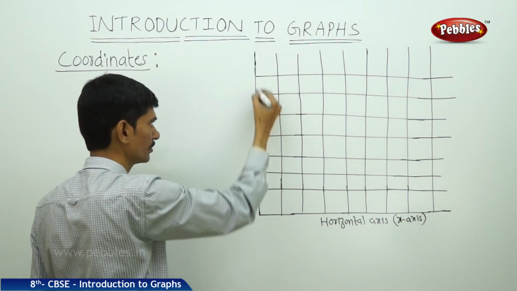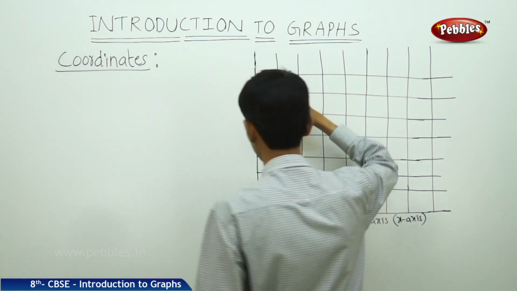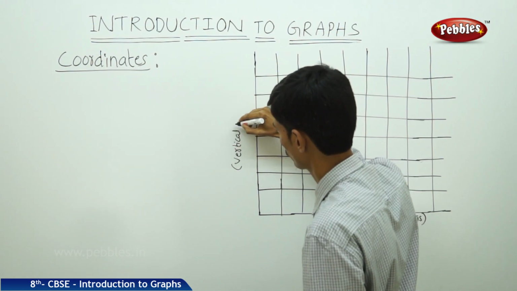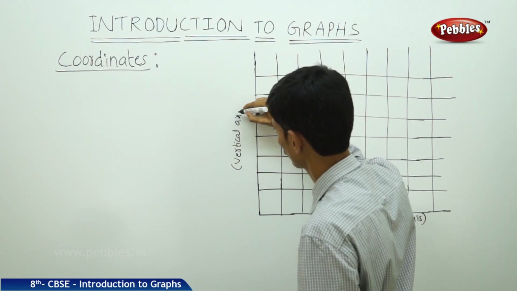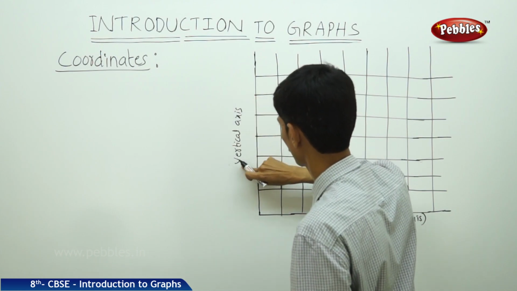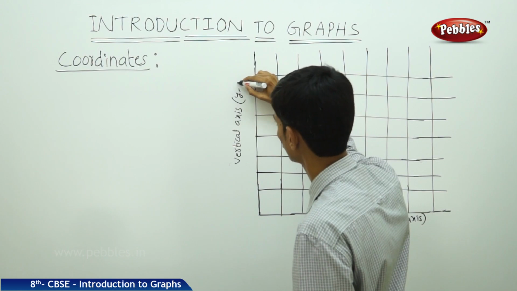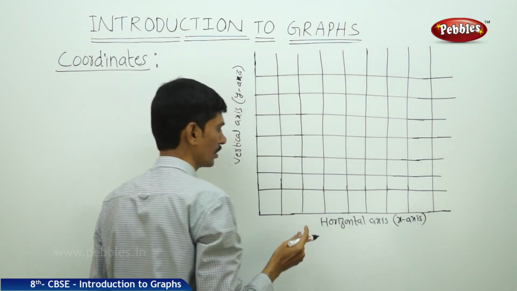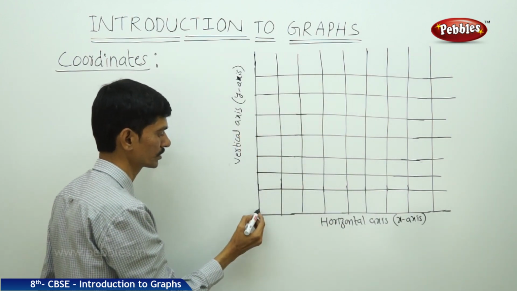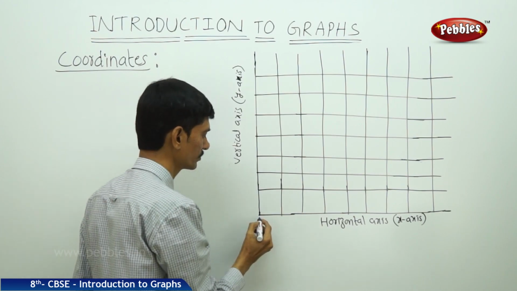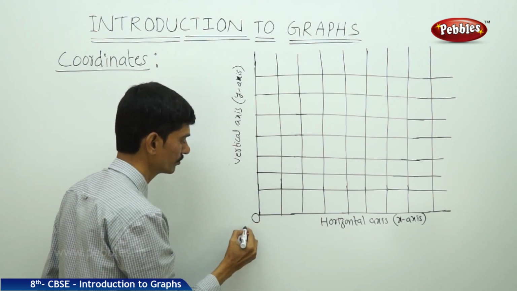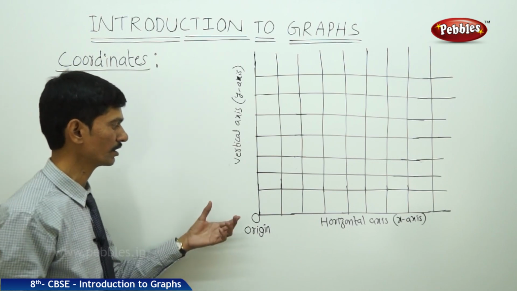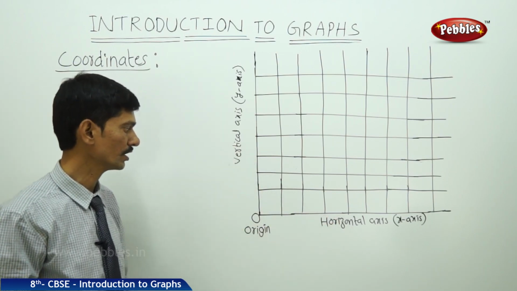And the vertical line is called the vertical axis or y-axis. The two axes, horizontal and vertical, intersect at a point. This point is known as the origin, denoted by O. So the origin is the point of intersection of the horizontal axis and the vertical axis.